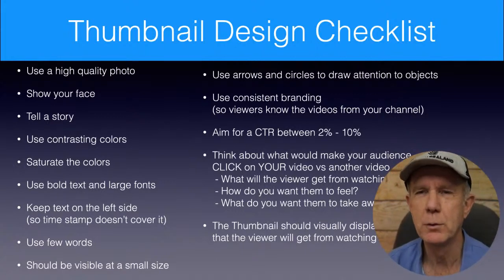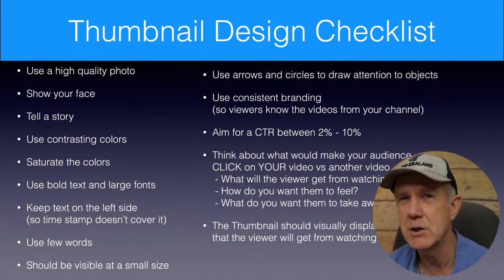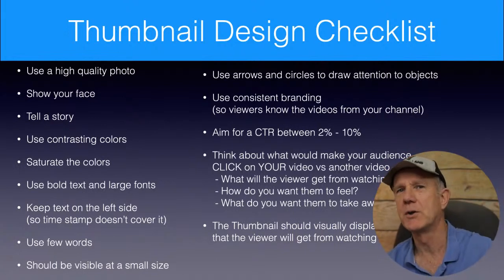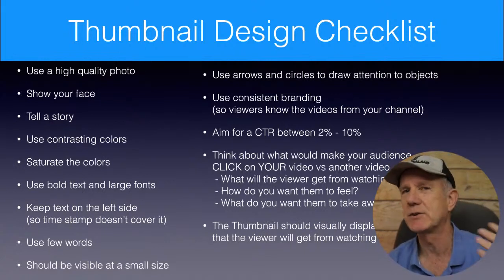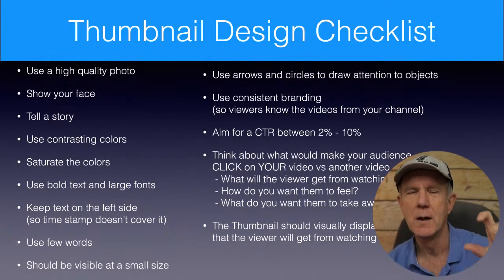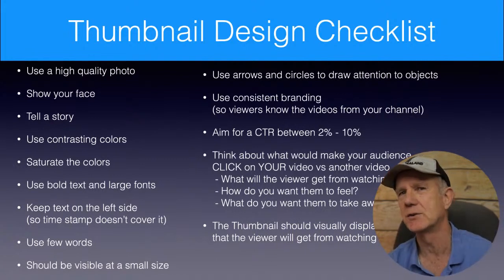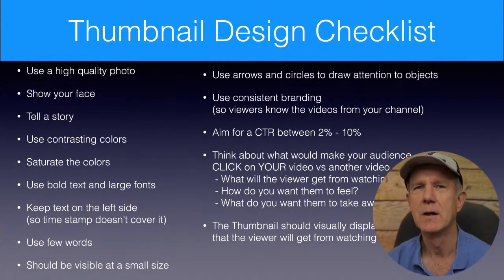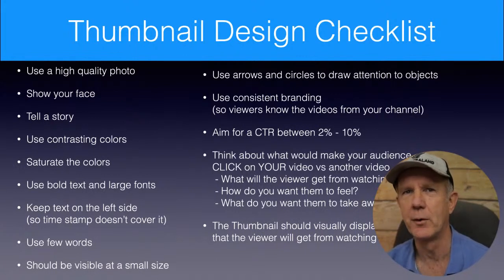So if you shrink it down to a small size, you want to take maybe a screenshot, shrink it down to a small size, and then put it alongside the top 5 or 10 thumbnails of your competitors, and see if it stands out from your competitors' thumbnails and how it appears. Does it still catch the eye? Does the text, does your face, does the object of the thumbnail still stand out even at a smaller size, like when people view it on their phones?